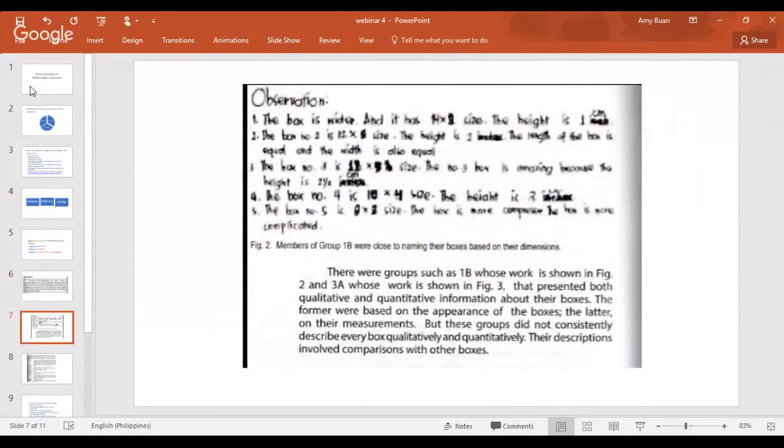So this is one of the action research shared by UPNISMED, where one of the outputs of classroom implementation is this one. So one group describe what is the height of the box, and then what are the different measurements of the box. Another group, which I don't show here anymore, they describe the qualitative and quantitative aspects of the box.